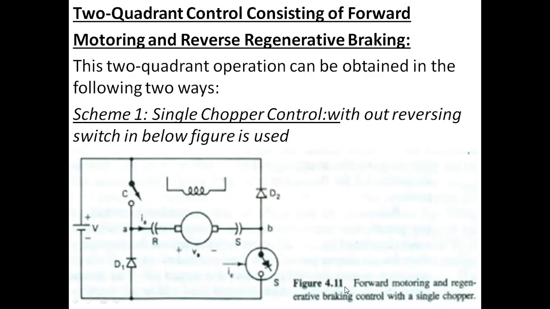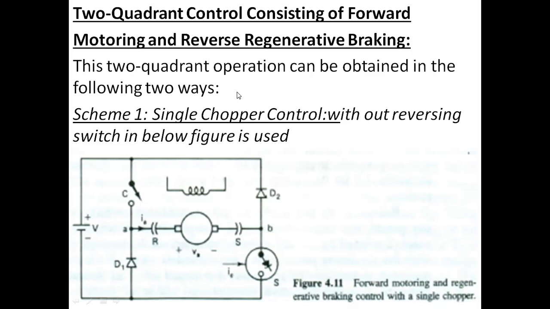Here, in figure 4.11, which I am showing, it is used without the reversing switch. For this single chopper control, this figure is assumed, but it is used without the reversing switch RS. If you draw the diagram again without the reversing switch, it is used for this scheme 1, single chopper control.